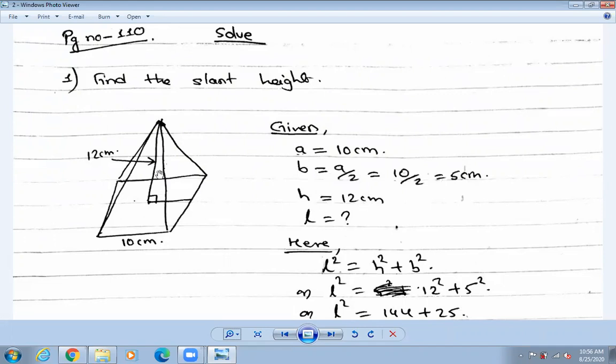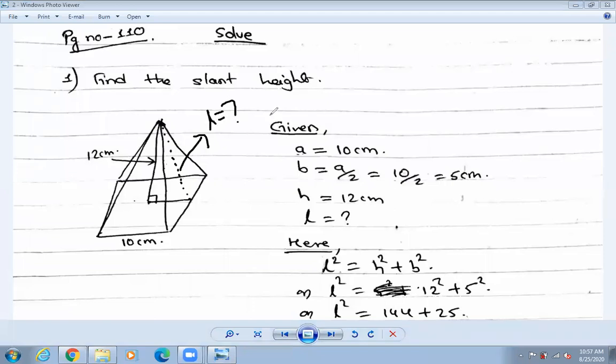Then this 12 centimeter is H. H is 12 centimeter, and we need to find the slant height. Here is the slant height, L equals question mark.